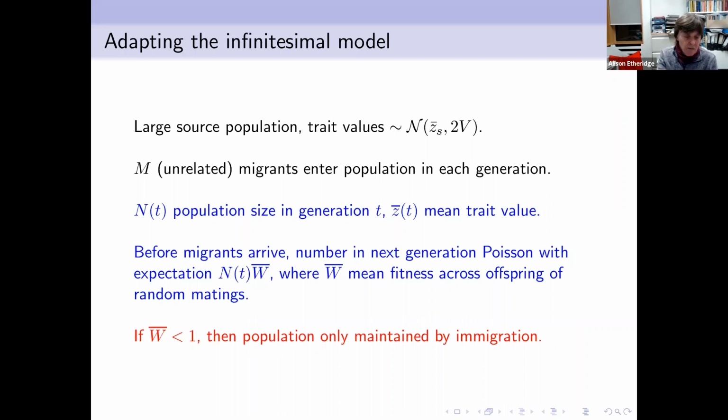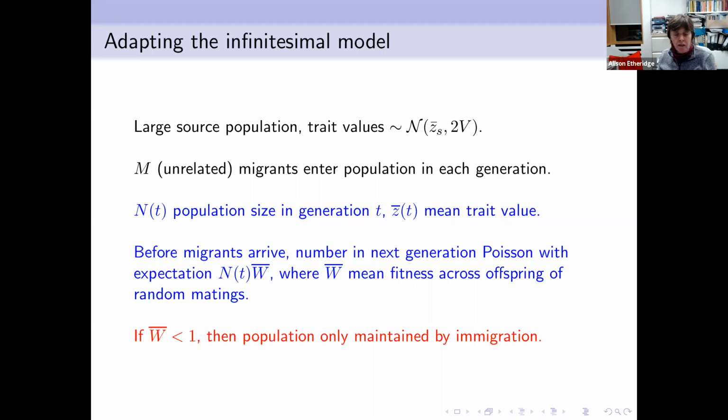Now, if I write N(t) for the population size in generation t on my island, and Z bar(t) for the mean trait value, I want to know how N(t) and Z bar(t) evolve with time. So before the new generation of migrants arrive, I'm going to suppose that the number of offspring produced by the population already living on the island is Poisson, and it's going to have expectation N(t) times W bar. What's W bar?